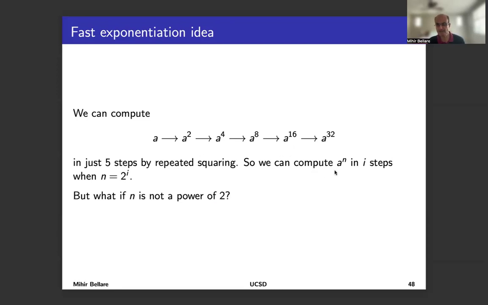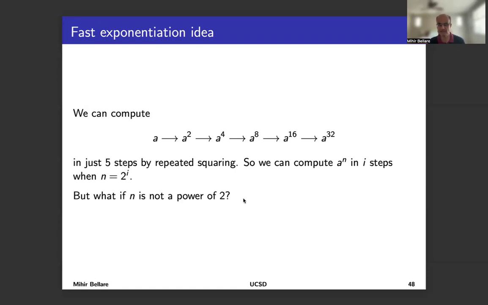So what that says is if I want to compute a to the power n, I can do that in just l steps where l is the logarithm of the exponent. For example, for 32, l was 5. Okay, that actually works well, but it's not quite general enough. The problem is that it only works when n is a power of 2, so that l is an integer and we can do l steps. If n is not a power of 2, it's not as simple.